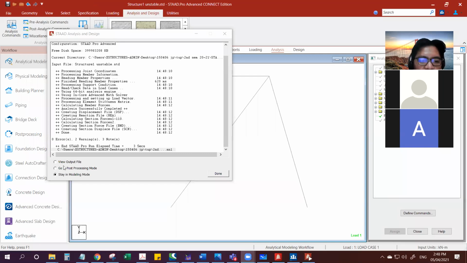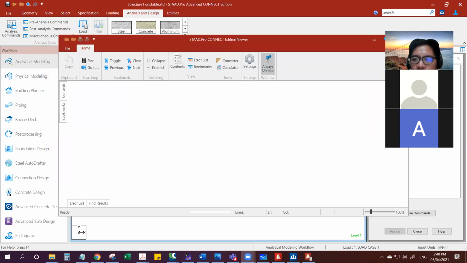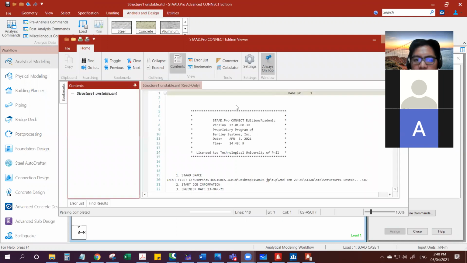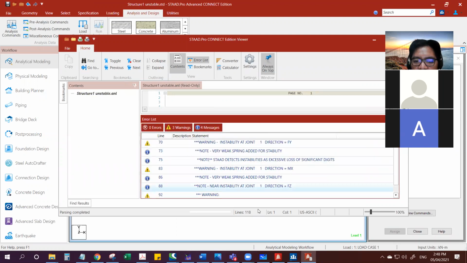So we have two warnings. Let's view the output file to see the warnings. And so same result, right? STAAD detects instability. Excessive loss of significant digits.